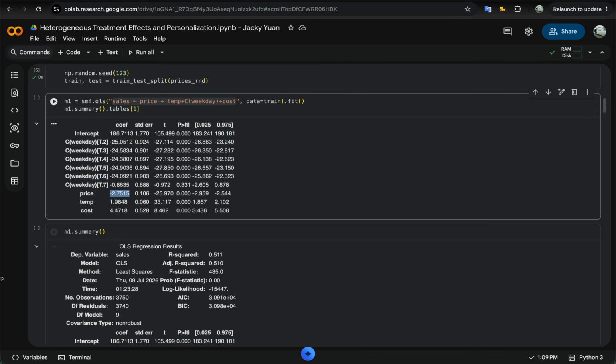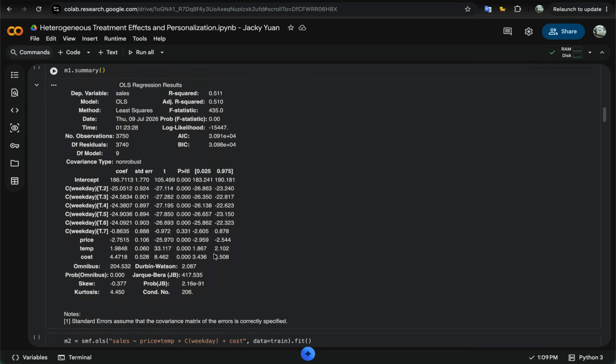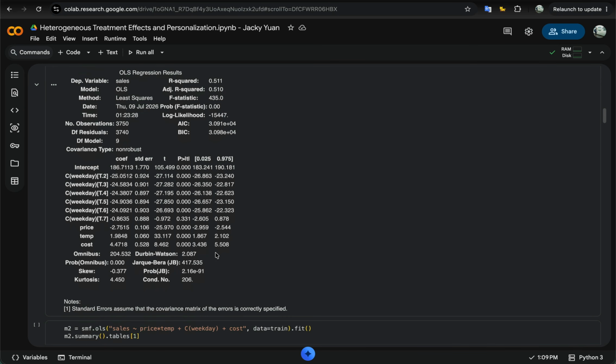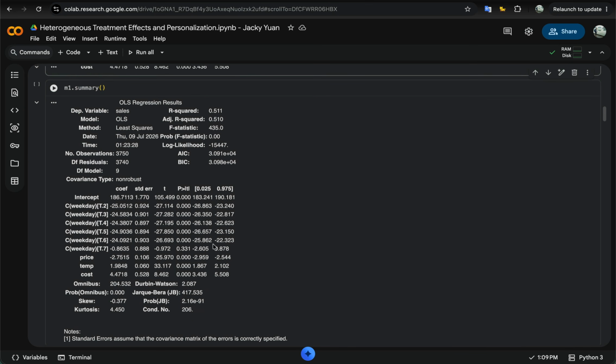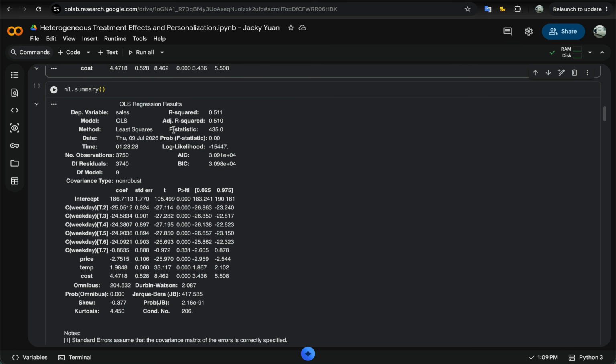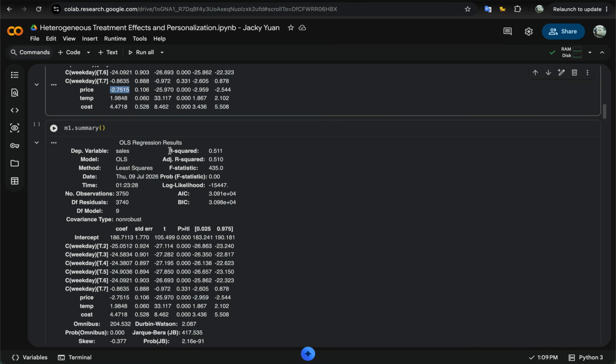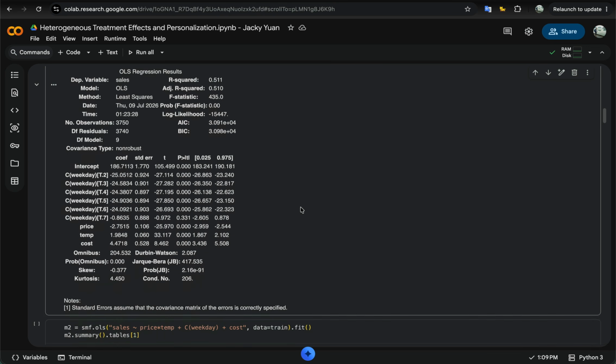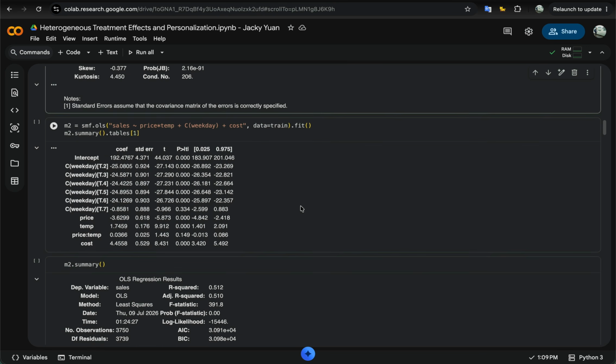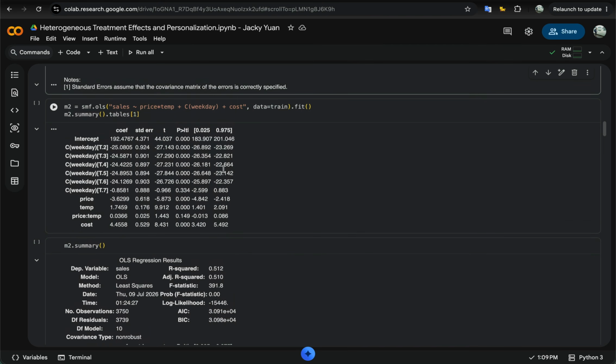And that's why I also created an interaction model. First, I also want to add in the first simple regression model we created. The R square is only 0.511, which is not that great. And in M2, I'm adding one more interaction term, which is the price and the temperature.